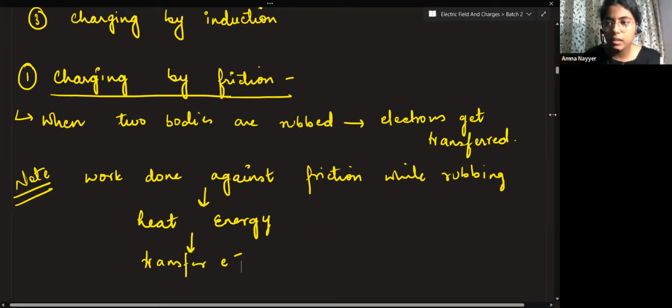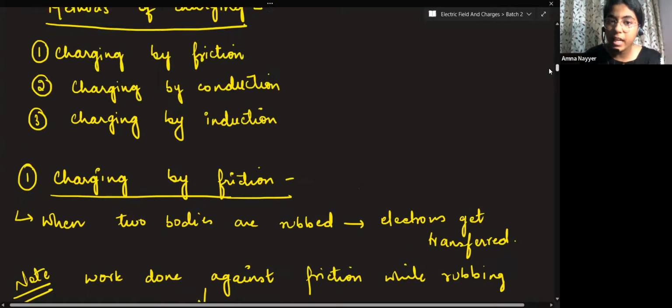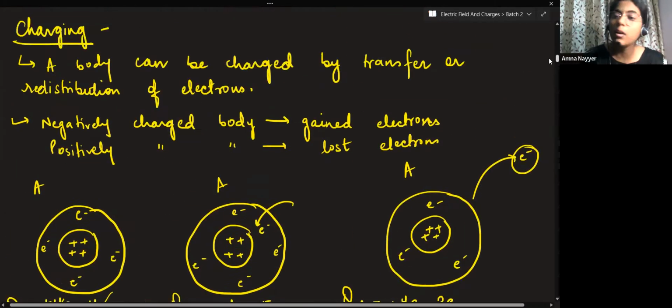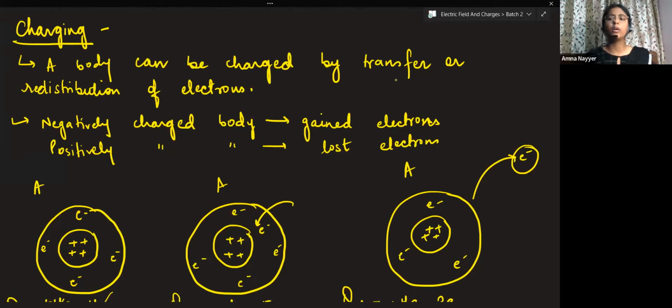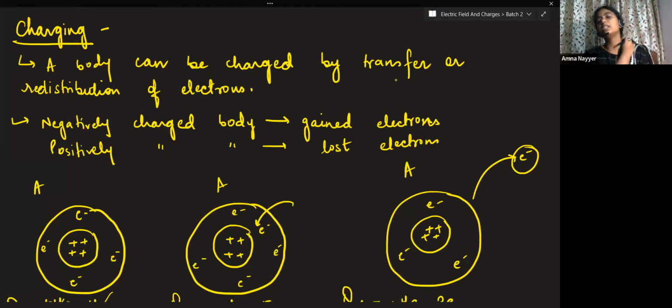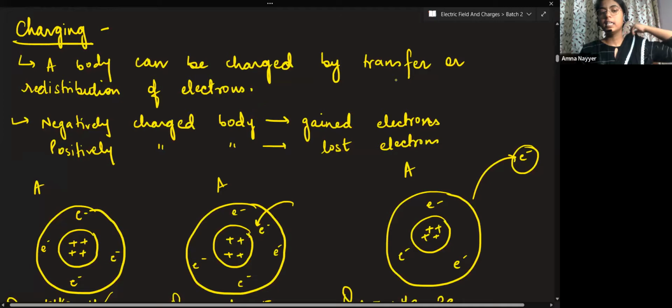One more thing: whenever transfer of electrons occurs, remember that electrons are not massless objects. Electrons have certain mass, 9.1 into 10 to the power minus 31. This is the electronic mass. The way electrons have their charge, electronic charge 1.6 into 10 to the power minus 19, similarly you have electronic mass also.